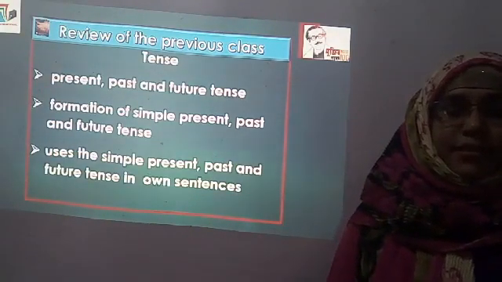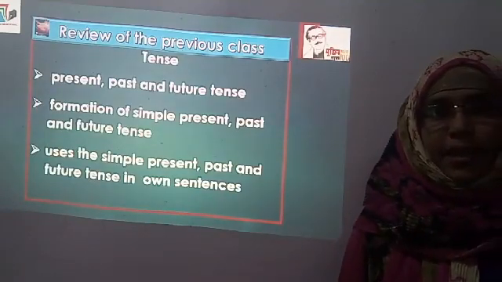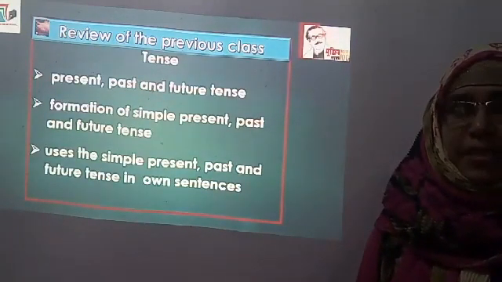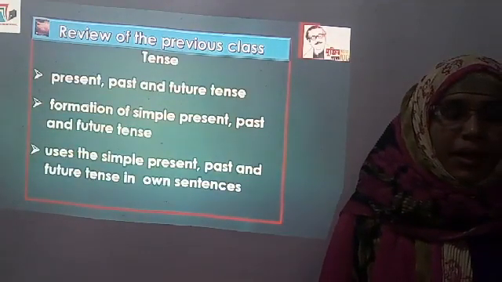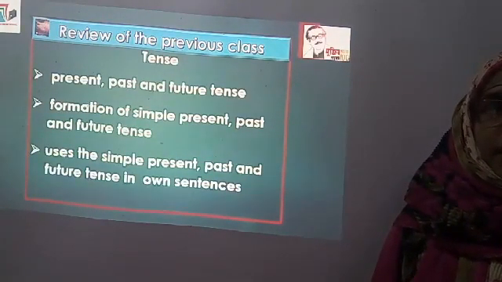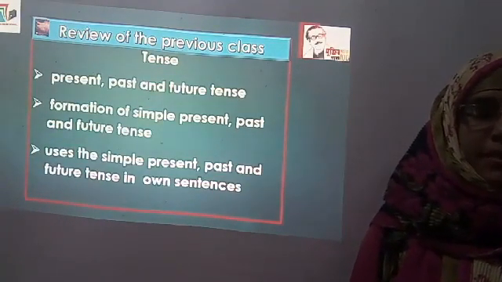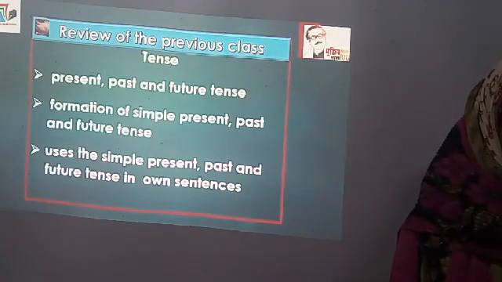What is tense? Can you remember, dear students? Tense is a change in the form of a verb to express the time of an action. And also we discussed the different types of tense. We discussed simple present, simple past, simple future.